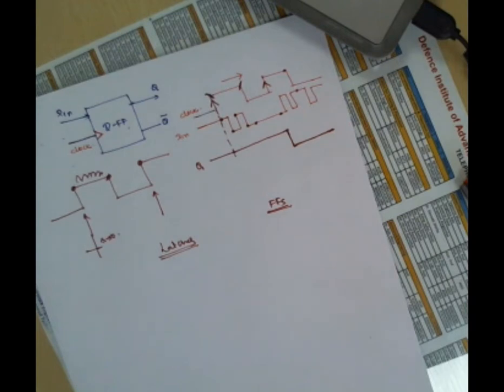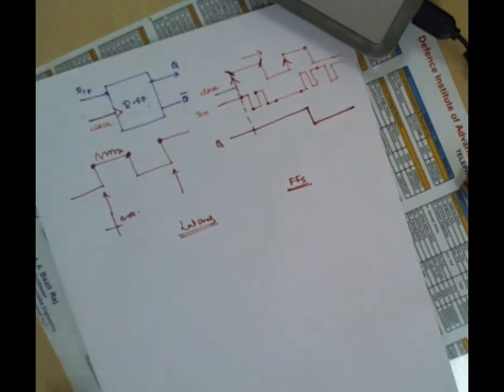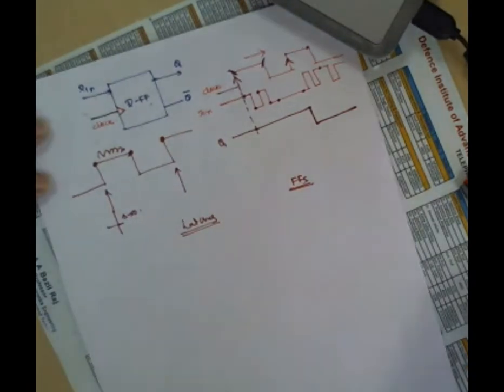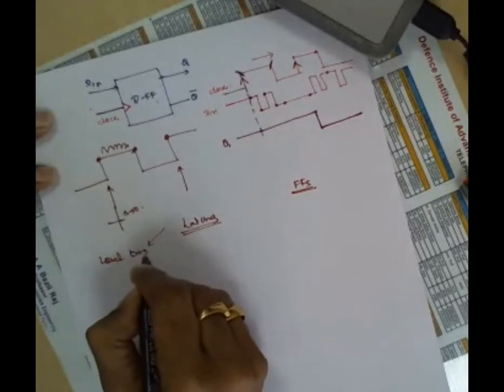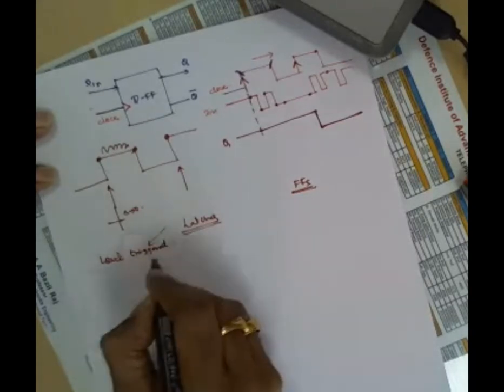Now we will see some definitions for latches. You can take down now, for latch, the first point is level triggered. The latches are level triggered.